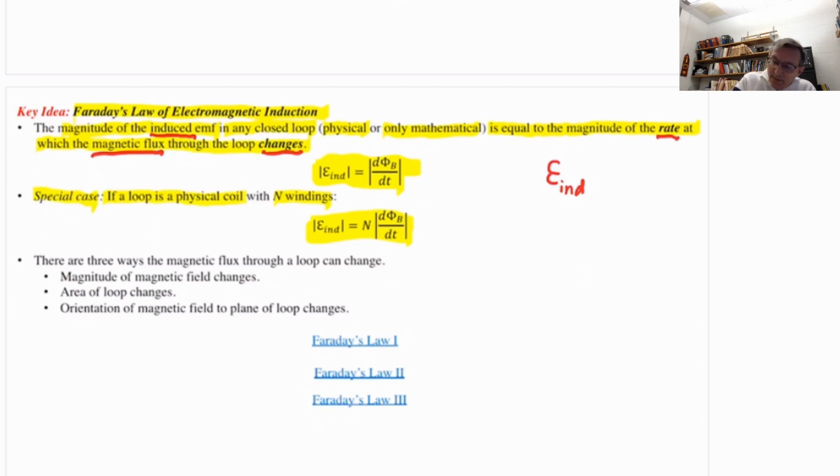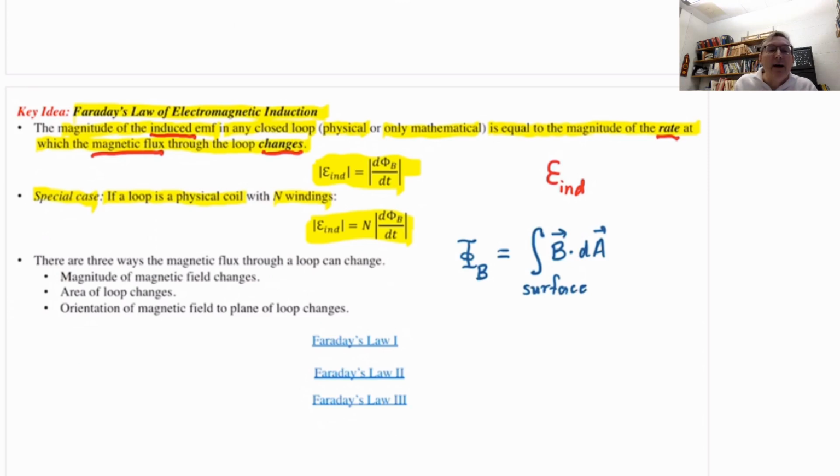All right, now let me remind you that the general formula, the always safe starting point for calculating magnetic flux through a surface is to do the integral of B dot dA for the surface.